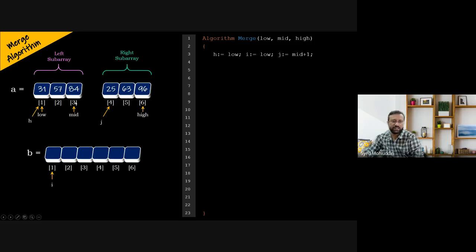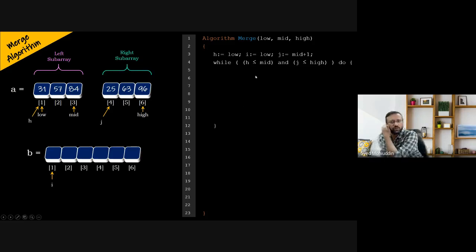So mid is 3 here, j will be 4. Whatever mid is, j will be initialized to mid plus 1. So h will be the start index of the left subarray, j will be the start index of the right subarray.